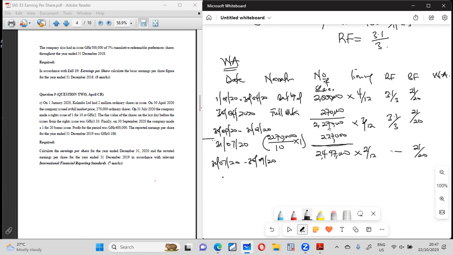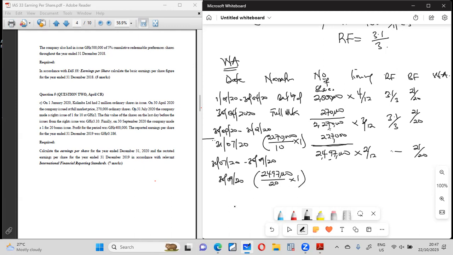All right. Then the last bit on September 30th, what they did was to do a bonus issue. And what was the bonus issue? For every 20, they will give you 1. Now, this is the share we have. So for 2497, for every 20, we get 1.